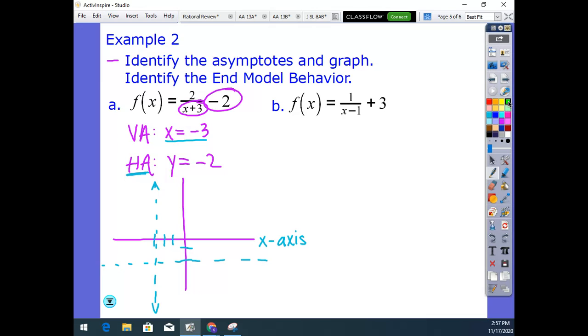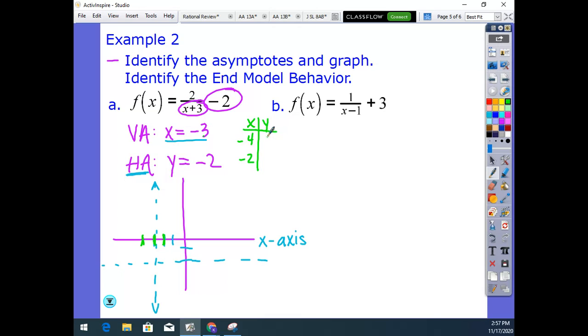All right, so typically, I think when all else fails, if you're struggling at all, a table is always a good thing. So what I always do, if x is -3 here, I pick the numbers on each side of the asymptote. So I pick -4 and I pick -2. If we plug -4 in for x, we can find the y value.